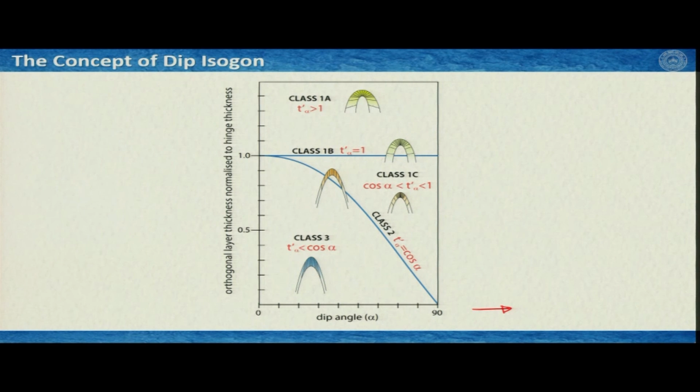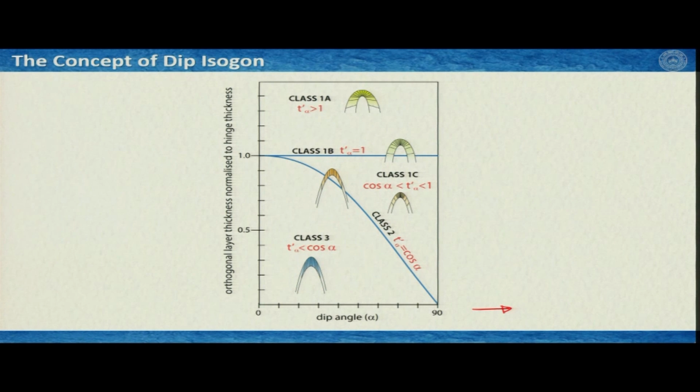And then we have another class which is class 3, where t prime alpha is less than cos alpha. And therefore, we can actually define 3 classes. So, class 1, where we have 3 possibilities, 1A, 1B and 1C. Then we have class 2, and then we have class 3.